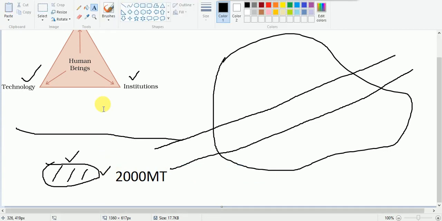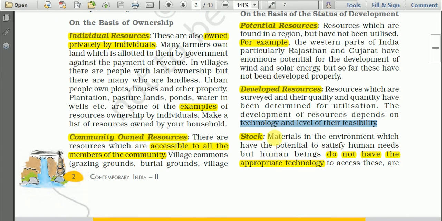In this case, the geologists have identified the quality as well as the quantity of this particular resource, but the utilization has not started, and that is what we call developed resources. Resources which are explored, surveyed, and their quality and quantity have been determined for utilization.